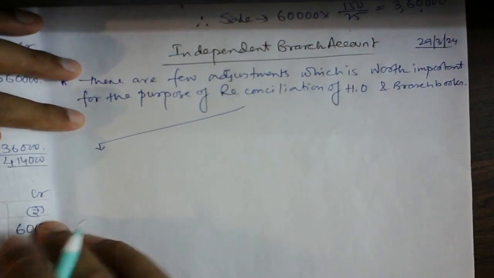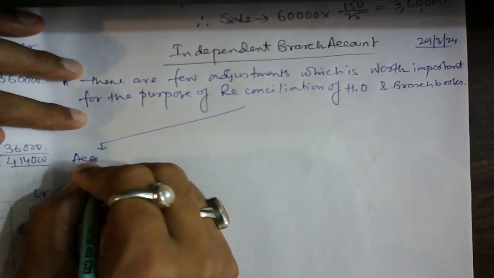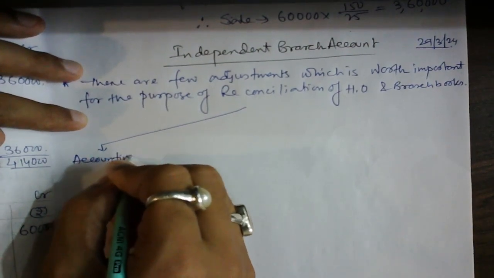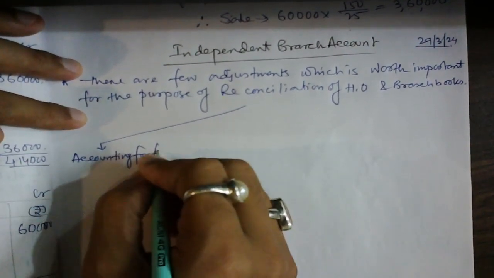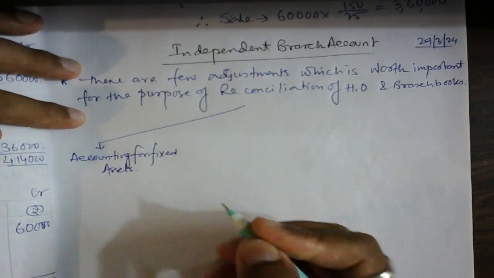The first bit of problem we may face is in the accounting for fixed asset. Write down please. Accounting for fixed asset. That is point 1.